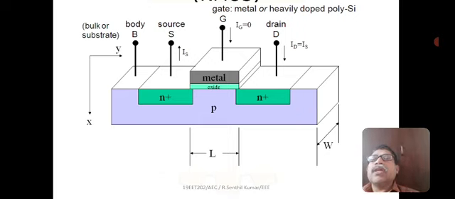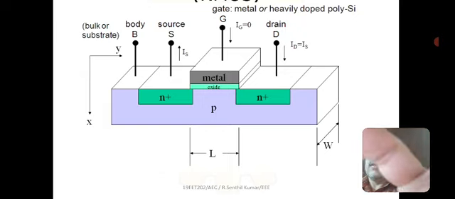Whereas the metal terminal is named as G, gate, which is a heavily doped silicon, right? Therefore, here you can guess what may be the channel or what type of MOSFET it is. Can you guess it?